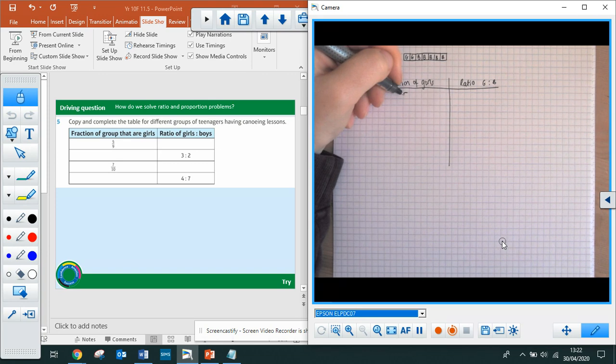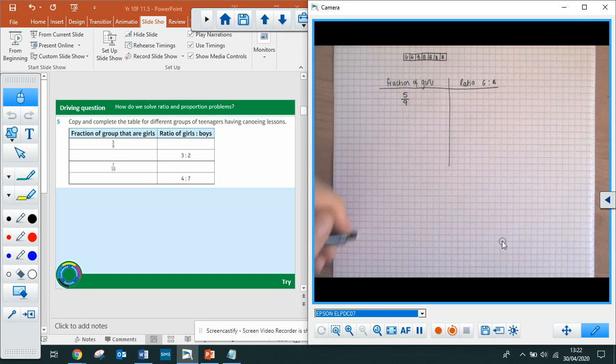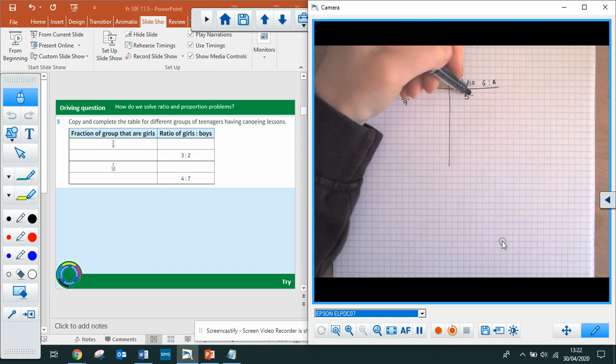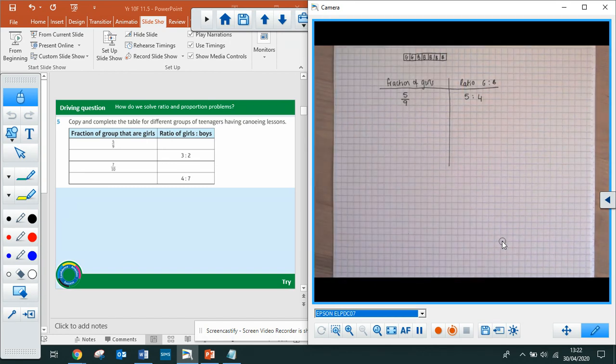So if 5/9 are girls, that means 5 out of 9 parts are girls. We know that 4 parts will be boys, okay? Because the bit that's going to make up the rest of the ratio, we need to add 4 to get to a whole. Okay, so 5 out of 9 parts are girls, therefore 4 are remaining that can be boys.